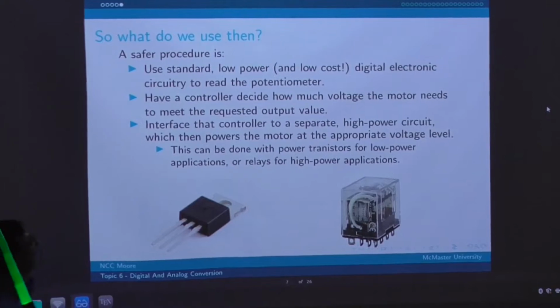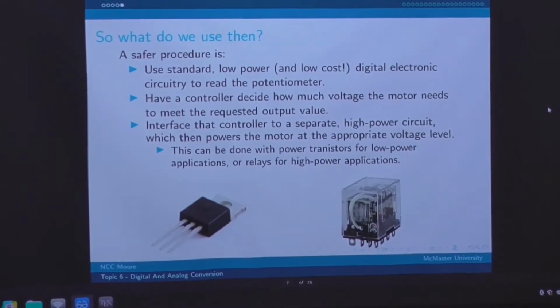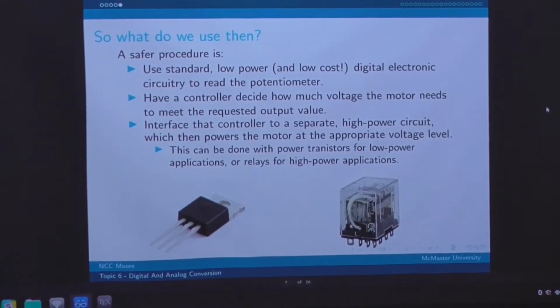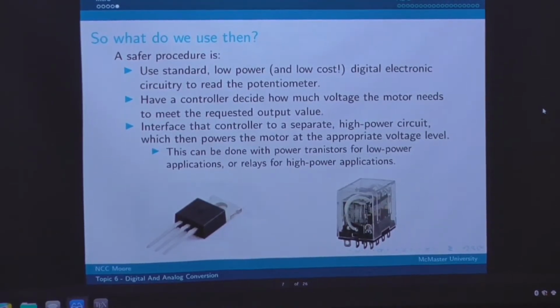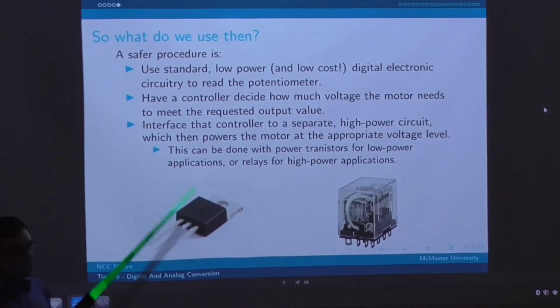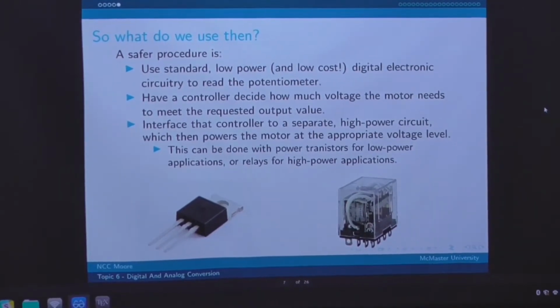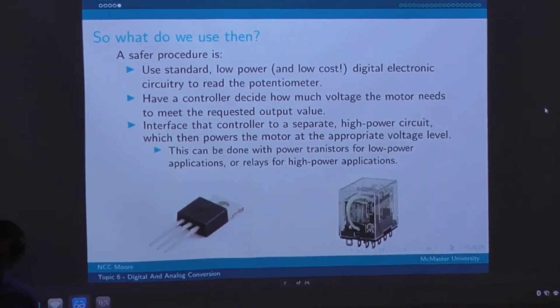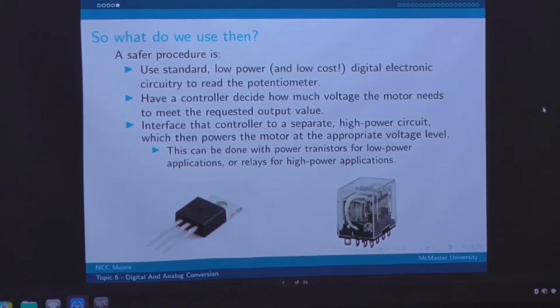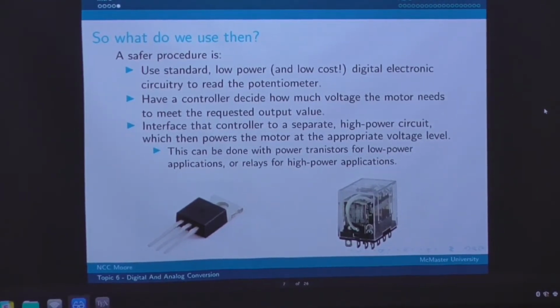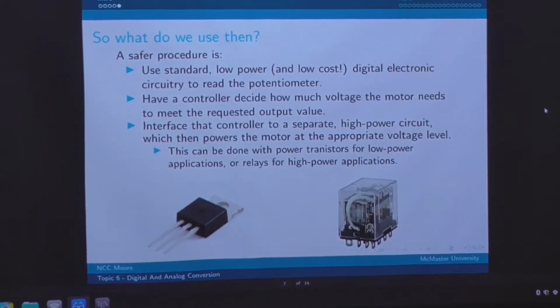So, once we have acquired and digitized the position of the potentiometer, we can run it into a controller. The controller can decide from that how much voltage it needs to apply to the motor to do what it needs to do, i.e., you can put a control system in.